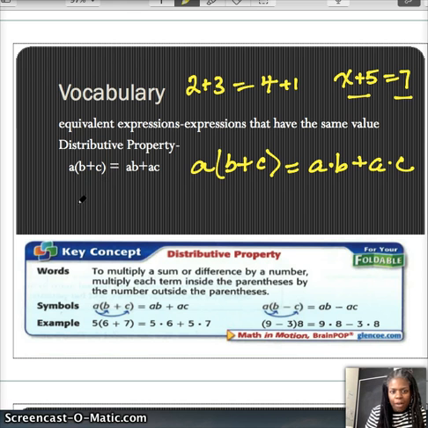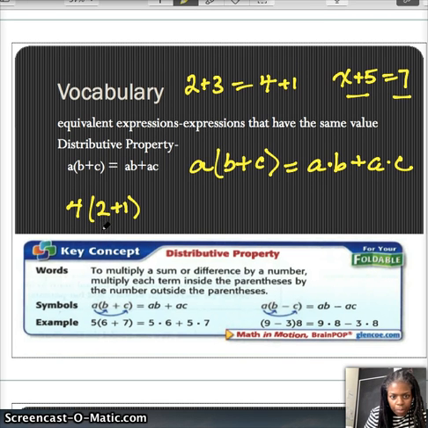And we can test it out. So if I had 4 times, let's say, 2 plus 1, we know that's just 4 times 3, which we know to be 12.